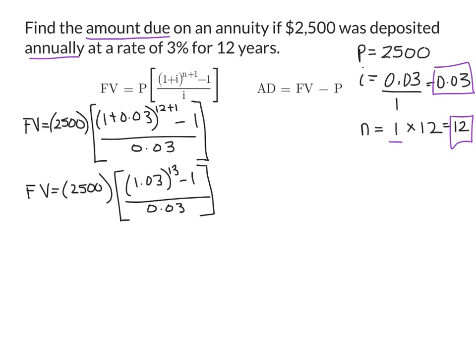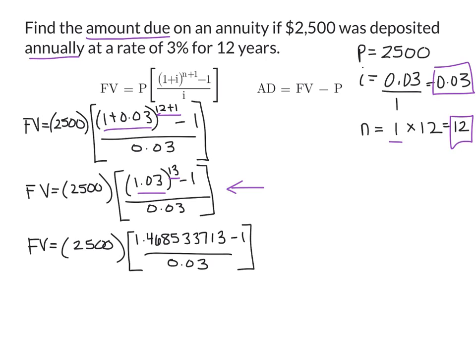Once you plug them into your formula, you will do the parentheses first, which is 1 plus 0.03, and that gives you a value of 1.03. Next, we'll add the exponents together, so 12 plus 1 is 13. In our second step here, we'll take the 1.03 and raise it to the 13th power.